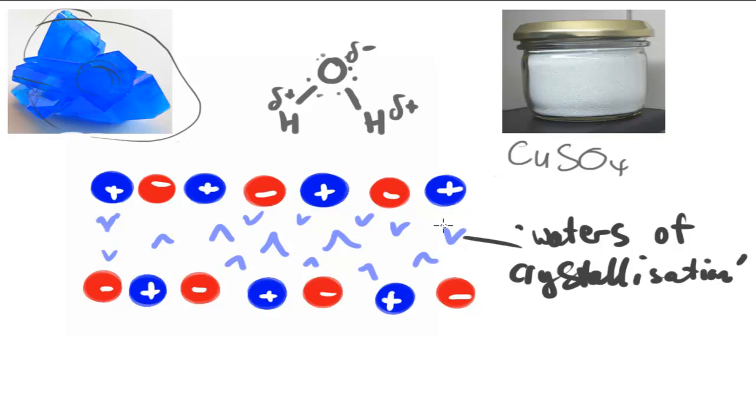And so the form of this copper sulfate with the waters of crystallization, we have a special name for it. The word water can also be described by the word hydro.